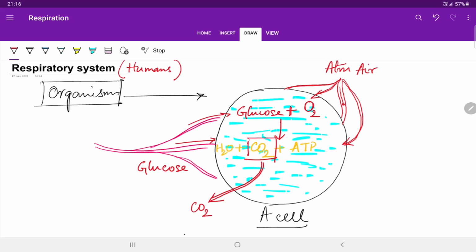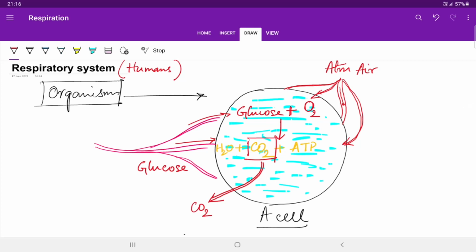We are going to talk about how oxygen comes into our body, into the cell, and the mechanism by which carbon dioxide is expelled out of the cell and out of our body.